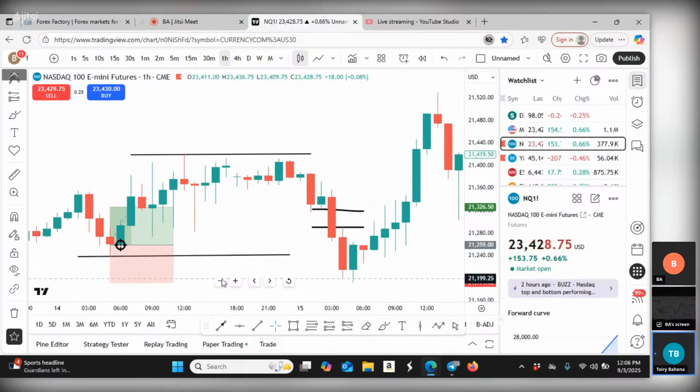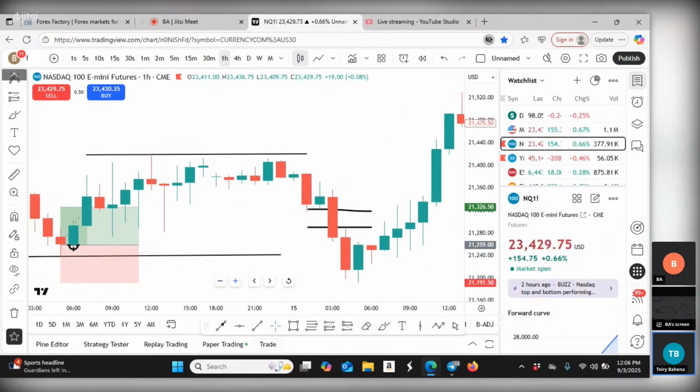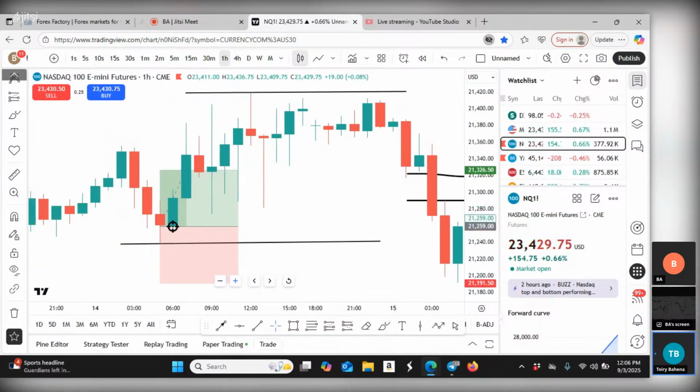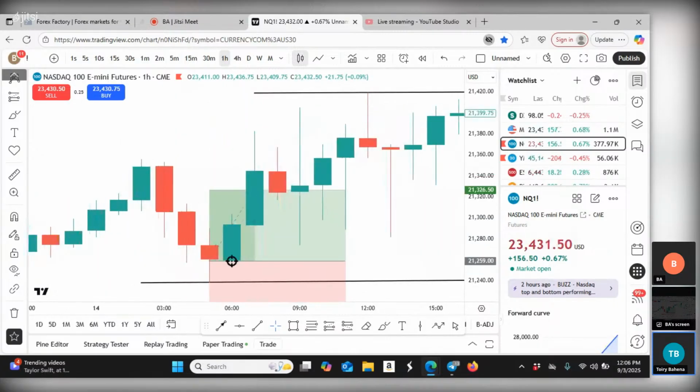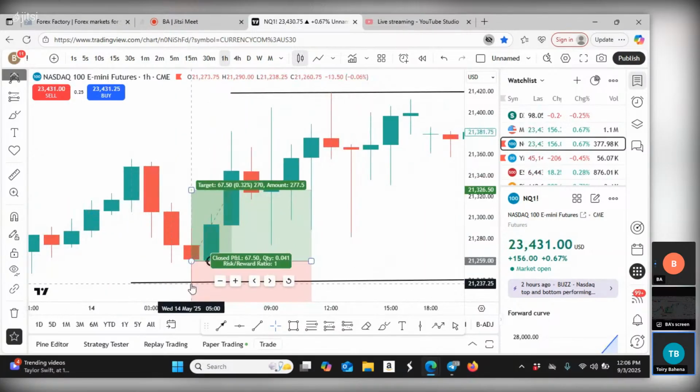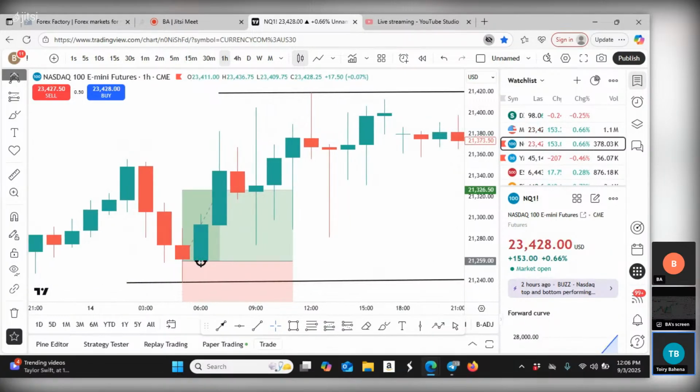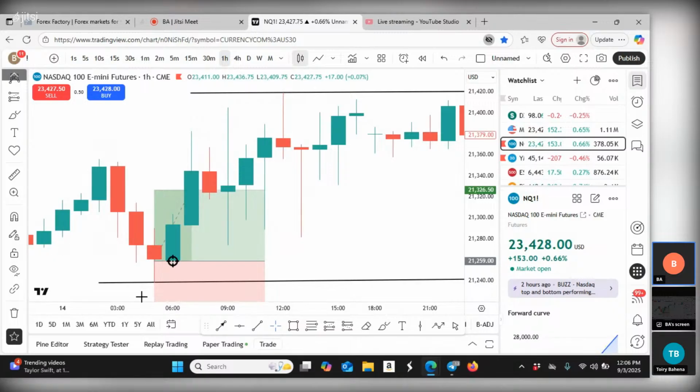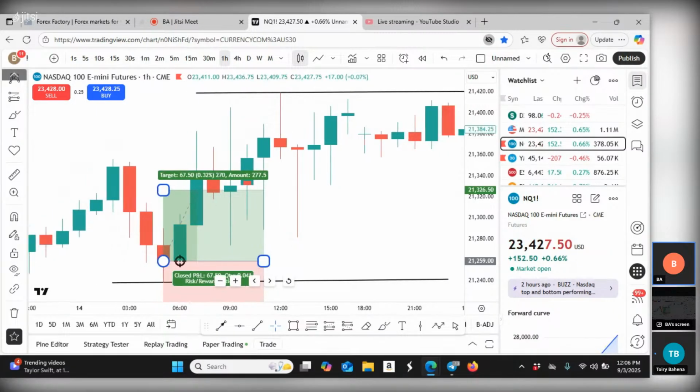I probably would have put my stop loss a little bit under, like a tick or two underneath that red candle to the left. Right here? Give or take with some cushion, about a couple ticks. Yeah, because I don't want too large of a stop loss.